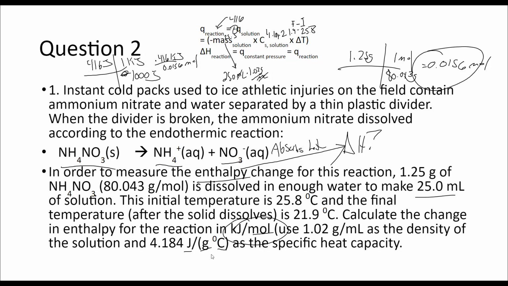So this is 0.416 divided by 0.0156. The energy absorbed is 26.7 kilojoules per mole. Again, a lot of moving parts, but it's really just one equation, the Q equation we've used about 3 times now. So hopefully it's starting to make a little more sense of how to do this.